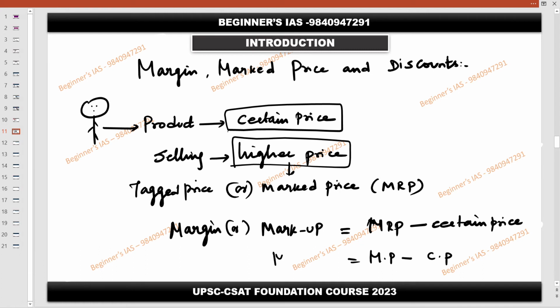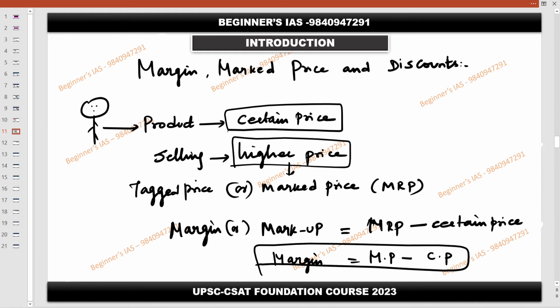Please take note of these points: margin is equal to MP minus CP. Understood? Yes, sir. Okay, fine, this is enough. Margin is equal to MP minus CP.